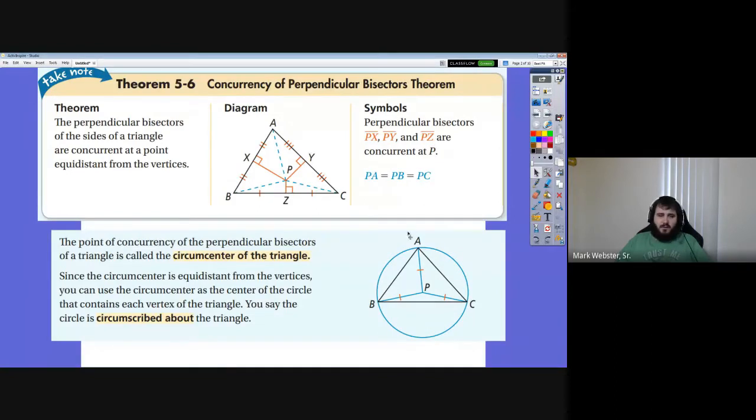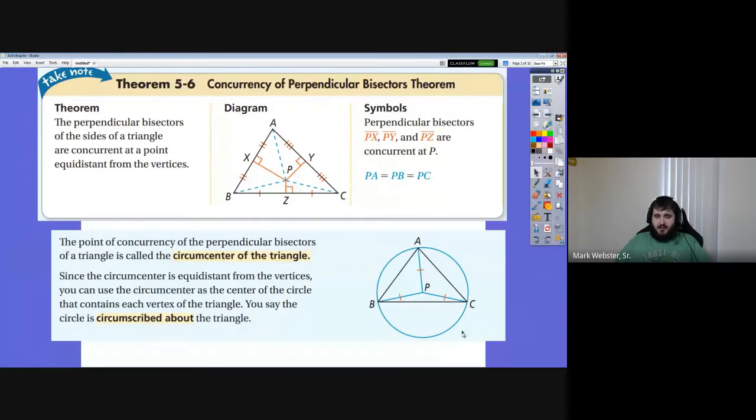What does this have to do with anything? Well, what this means is actually, and this is the reason why, see this vocab word right here, circumcenter. This spot is the center of a circle that's drawn so that the 3 corners of the triangle are on the circle.